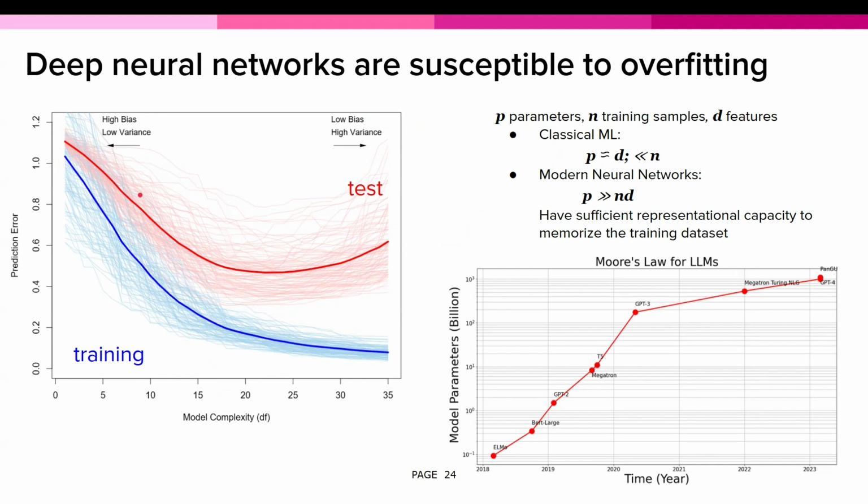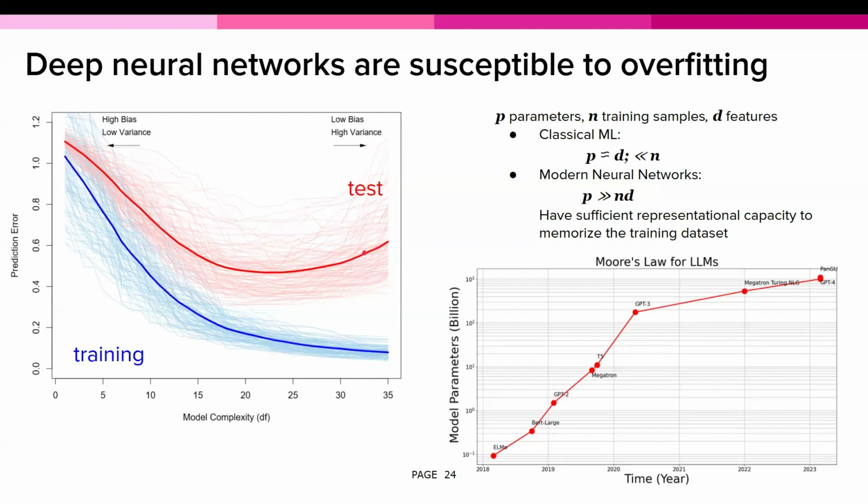Our model is learning useful patterns that allow it to generalize beyond the training data set. But as we continue to increase complexity, there's a point at which test error actually begins to rise, and that's where overfitting kicks in.